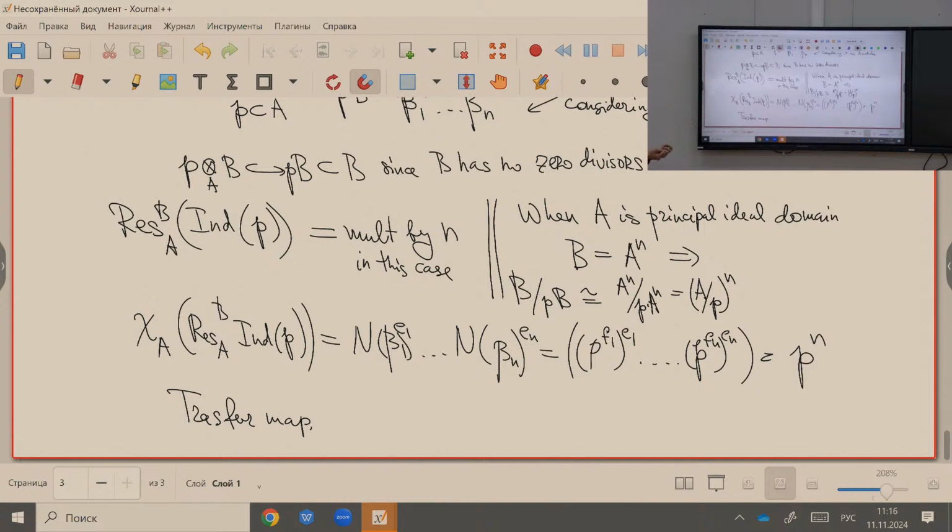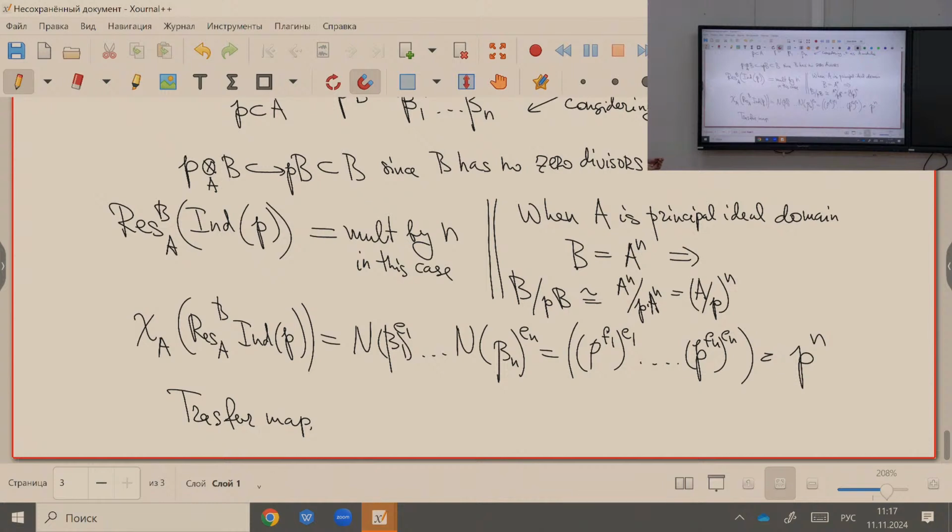When you localize by P, the prime ideals that lie in P before localization survive. So the Dedekind property precisely says that any prime is maximal, so there are no prime ideals after localization. That means your prime is the smallest ideal, and that means that it is a codimension 1 ideal.